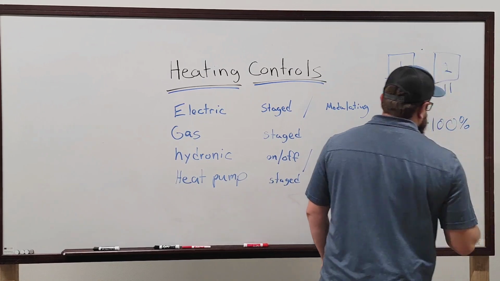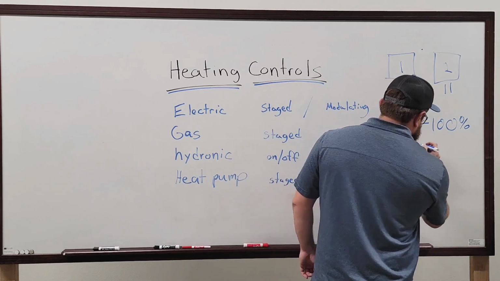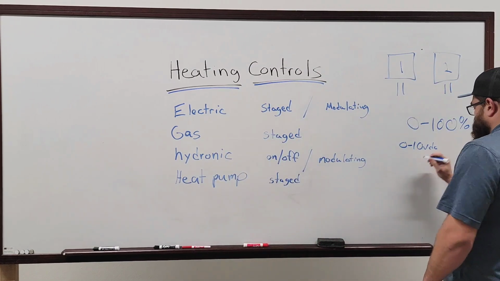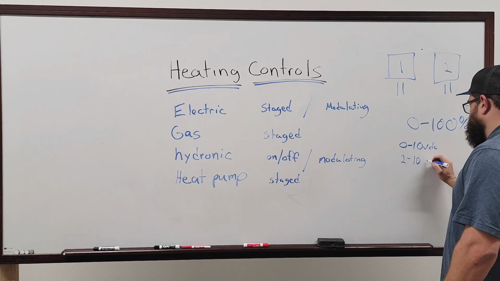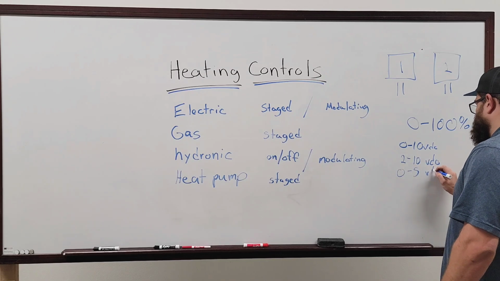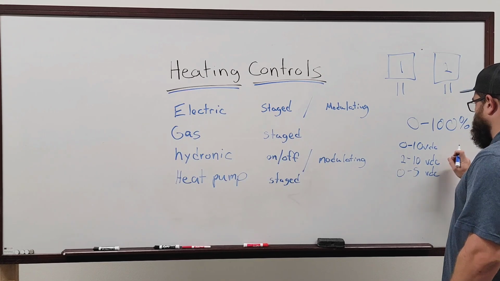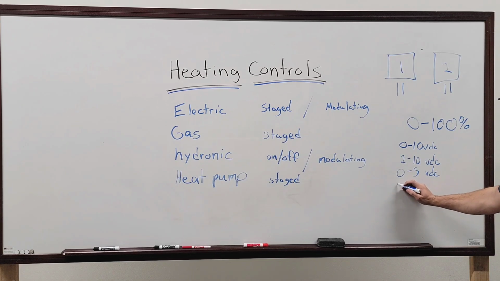And then that can be either a 0 to 10 VDC, a 2 to 10 VDC, a 0 to 5 VDC. I mean, in theory, it can be anything in that. It can also be a 4 to 20 milliamp.